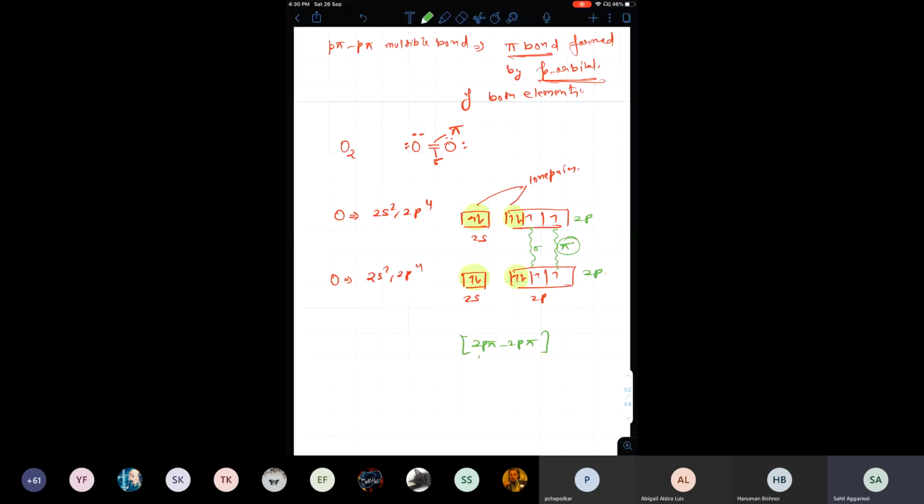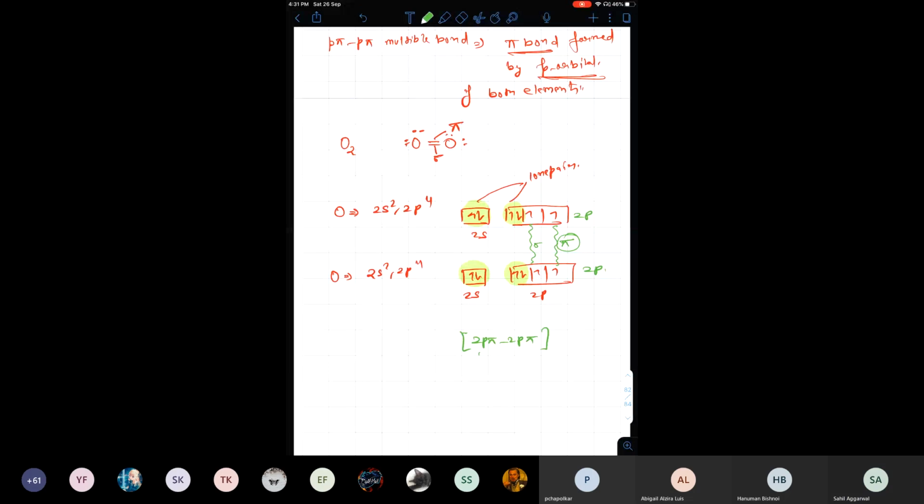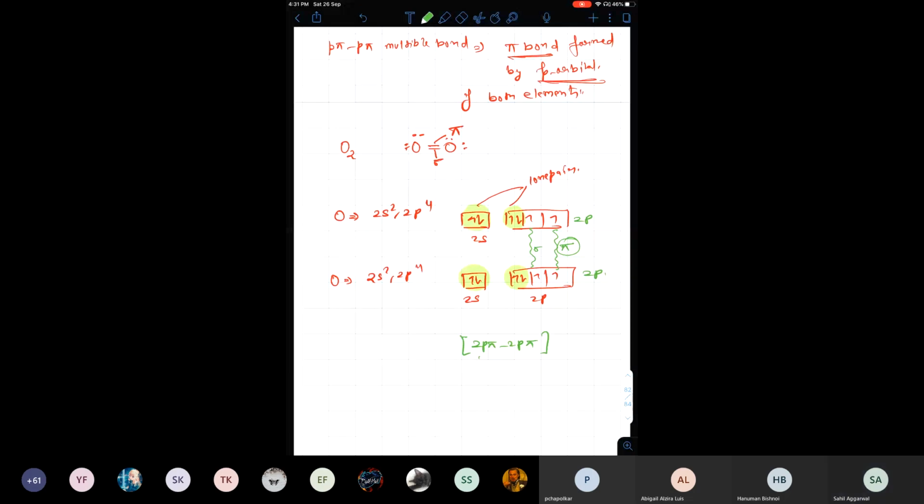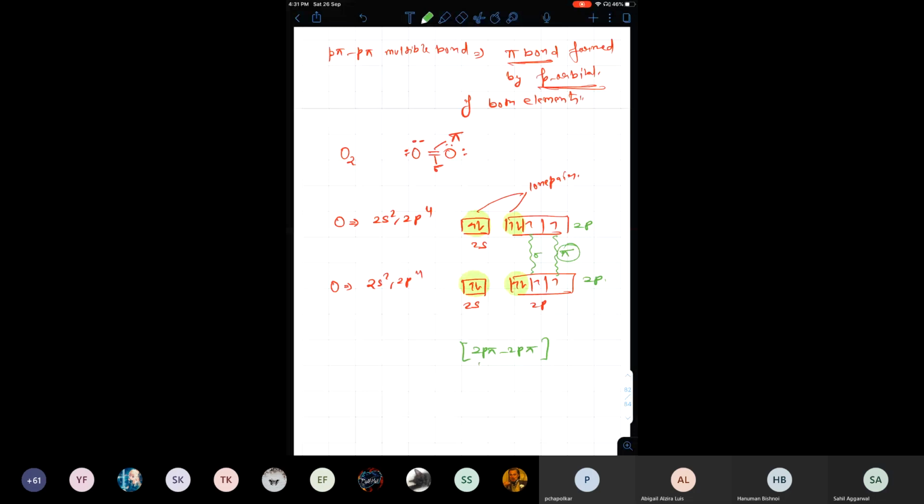Everything is there in this figure. Understood?